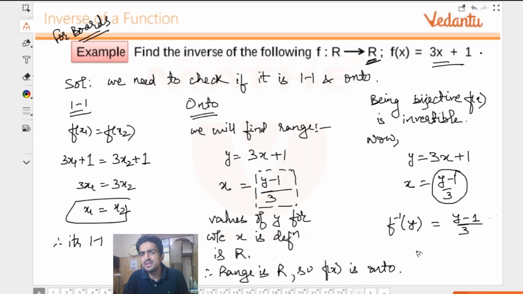But normally, because we express functions in terms of x, f inverse is also a function, no? At the end of the day, it's a function. So we will write this also in terms of x. So just keep x in place of y. Nothing else. Just keep x in place of y, because normally we write functions in x, not in y.